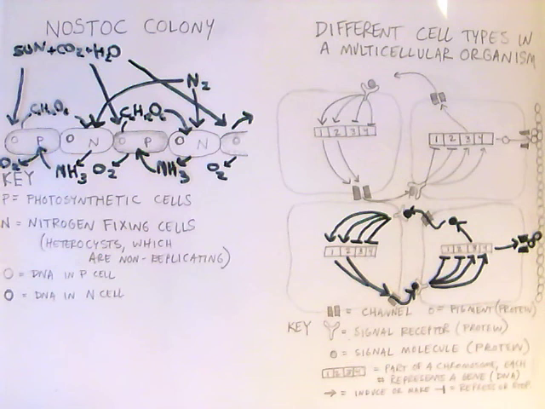This picture on the right is two different kinds of cells in a multicellular organism. We see that there are signal receptors, there are signal molecules, and we can see that each cell is telling the other cell to make certain genes into proteins and not make certain other genes into proteins.